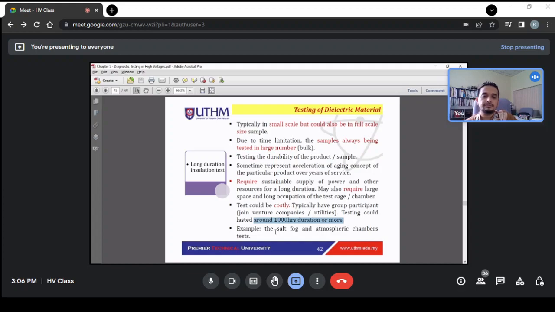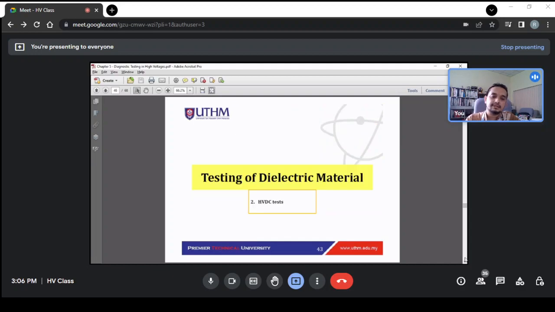An example of this is the salt fog test or atmospheric chamber. This one we want to represent what happens in practice under normal atmosphere conditions. So, 3 main categories of tests: full scale, small scale, and long duration.